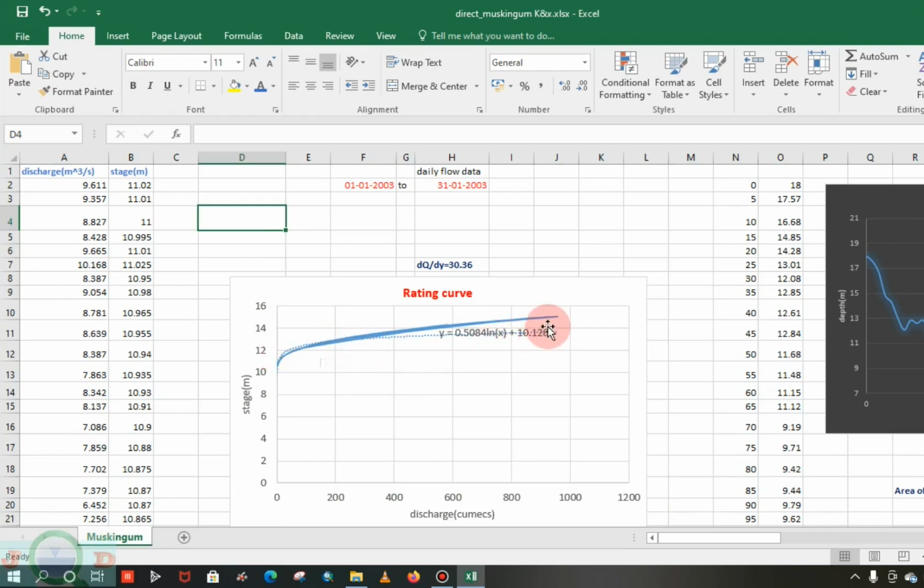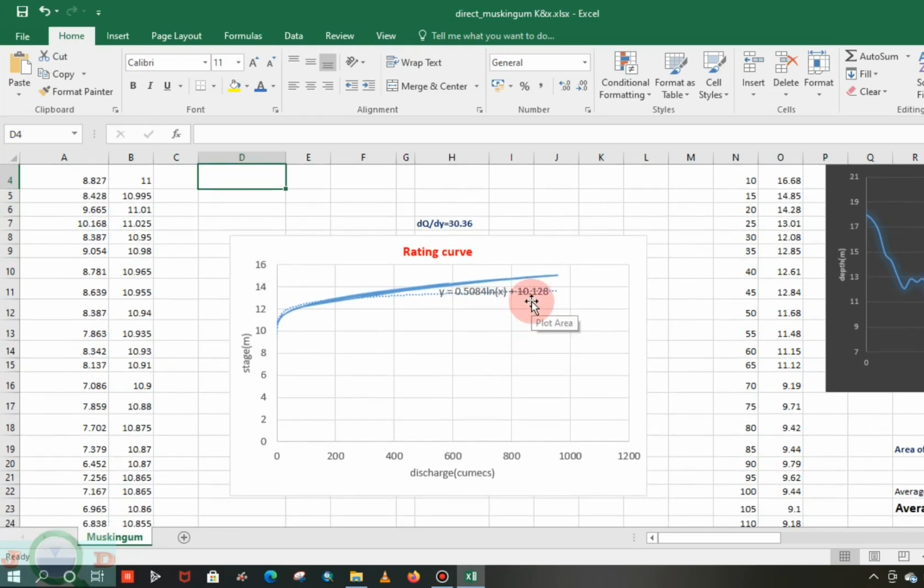For this stage discharge curve, I have fitted the best fit rating regression line, a logarithmic relation, that is y equals 0.584 ln x plus 10.128. With this relation, I found the slope, that is dQ by dY, which is found to be 30.36.